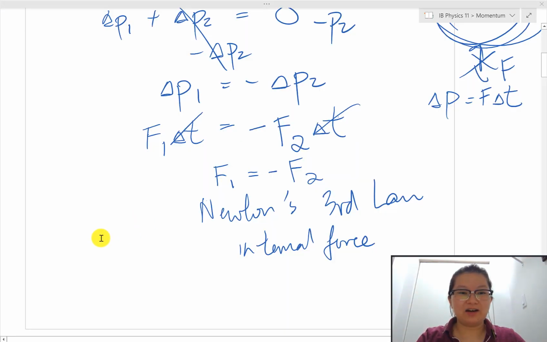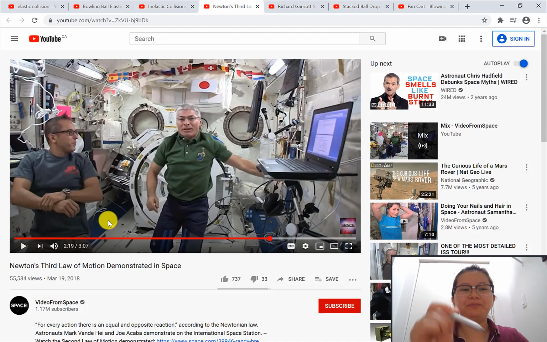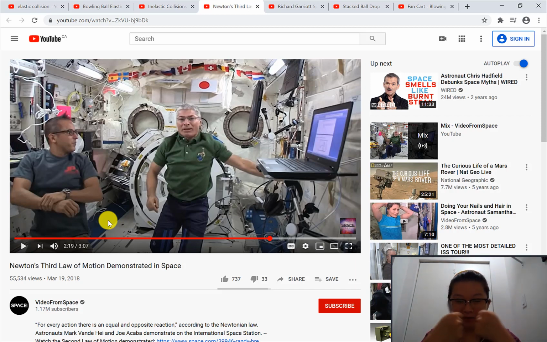So you can see how here we have Joe, the guy in front, he went forward versus Mark, he went backwards. They both started with 0 momentum, okay? But remember, momentum is a vector.